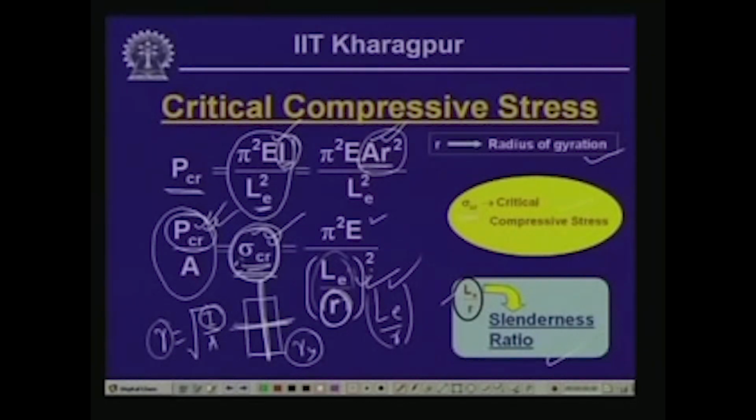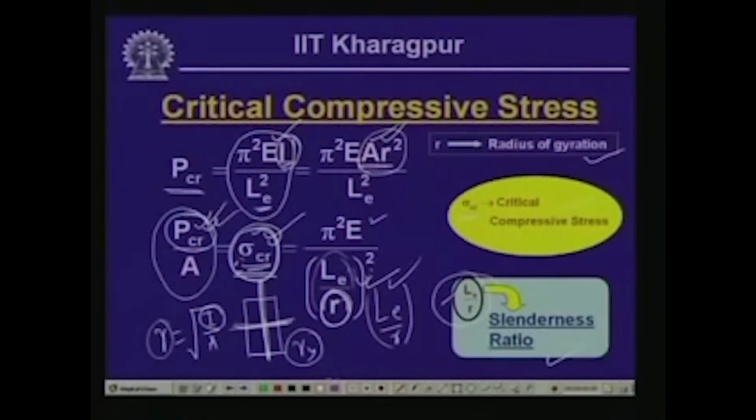So, if you have a cross section with different values of the moment of inertia about two rectangular axes x and y, we must deal with the minimum value of the radius of gyration, so that you get the critical value of the slenderness ratio, L E by r, which is larger. The larger the slenderness ratio, the smaller the stress, and if you consider that stress with the cross sectional area, that will give you the load carrying capacity of the member.